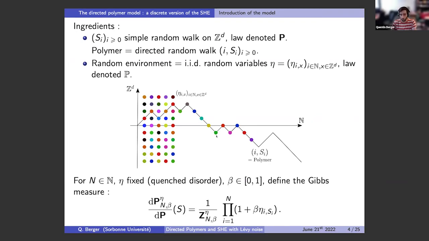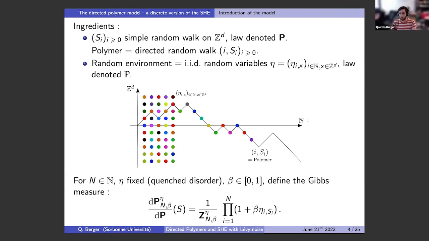The dots you can think about as the different monomers of the polymer, and the next monomer is either up or down compared to the previous one. So in any case, every step you move right, and then either up or down.